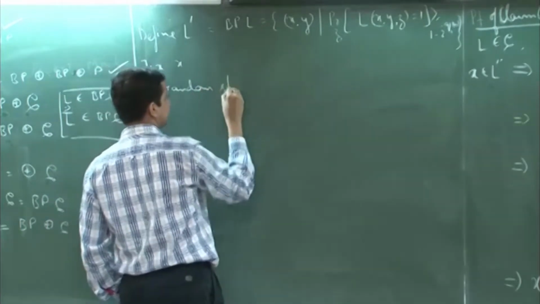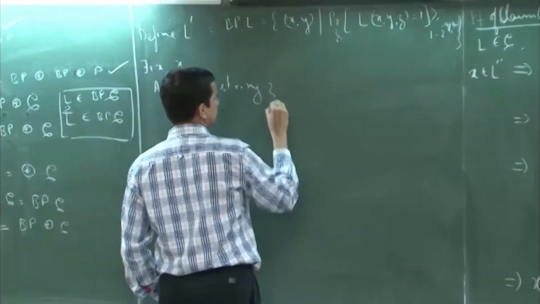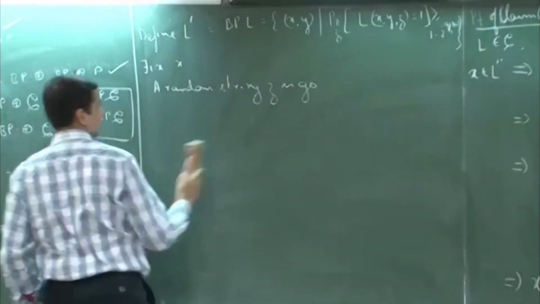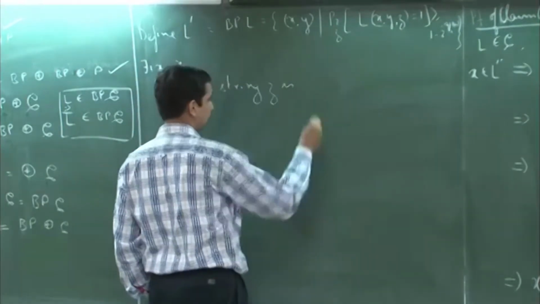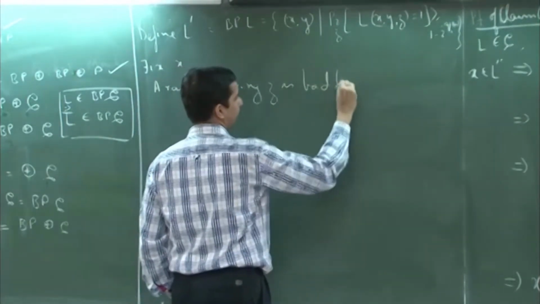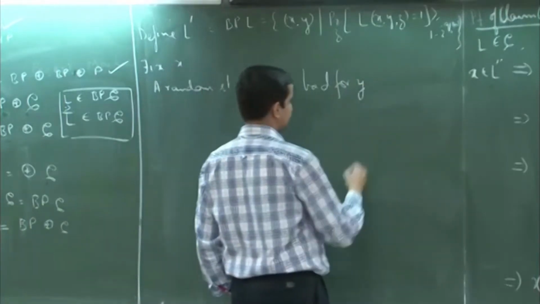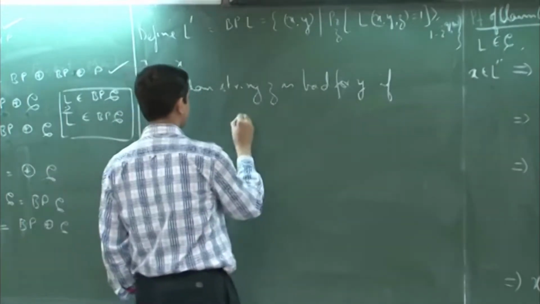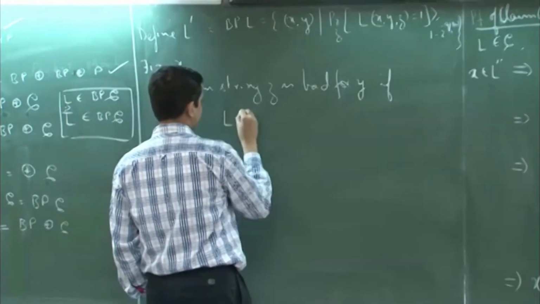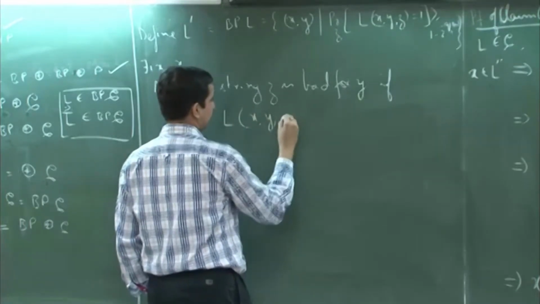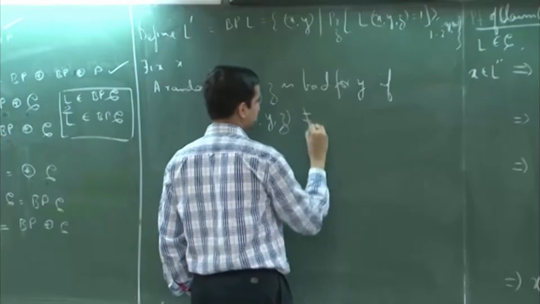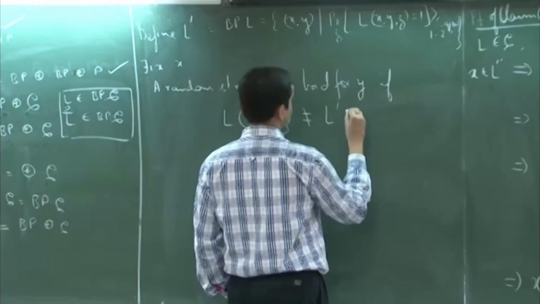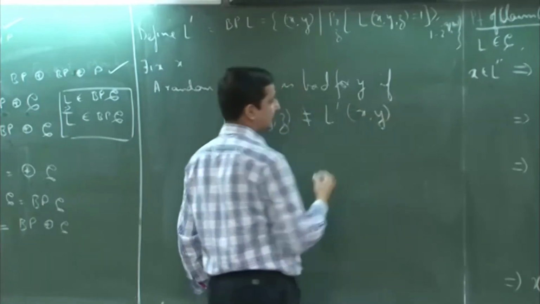We say that a random string z is bad for a string y if L x y z is not the same as L prime x y.